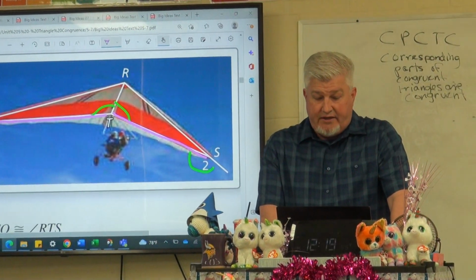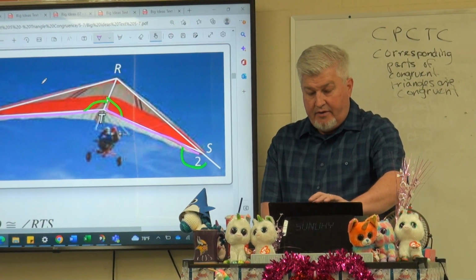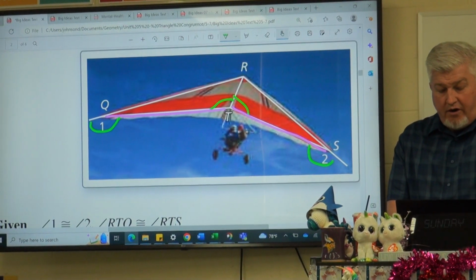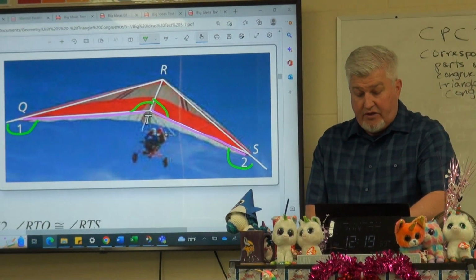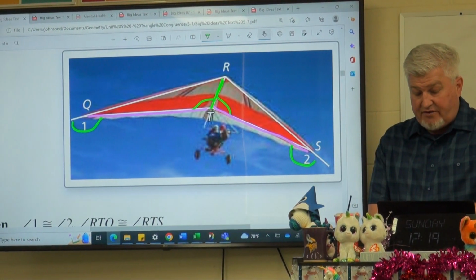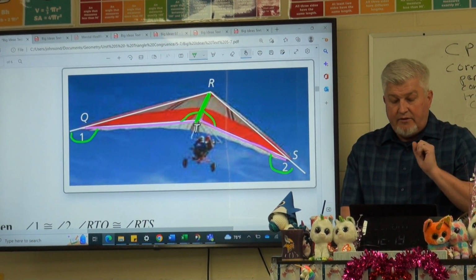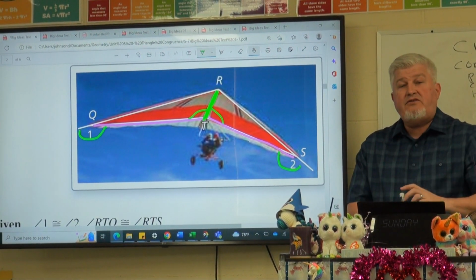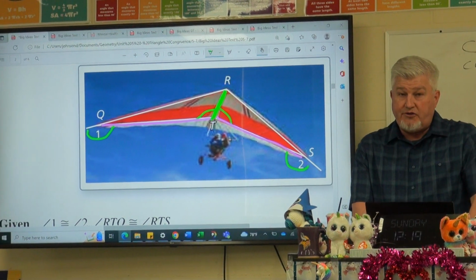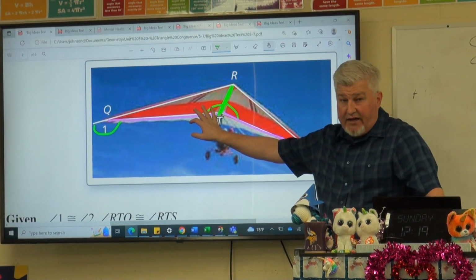What you need to do then is fill in the information of things that you know. Now, we already know that these 2 angles are congruent. By now you should quickly see, for these 2 triangles, they have a shared side, RT. So I've got an angle and a side that are congruent. What I need to find out is, can I prove something else to be congruent? The other information they gave us is, angle 1 and angle 2 are also congruent. Now, those angles are not inside the 2 triangles, they're outside of it.